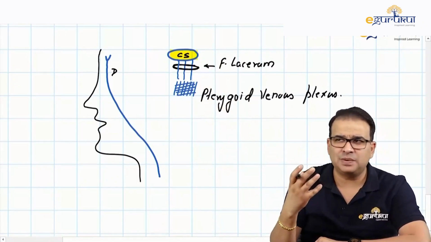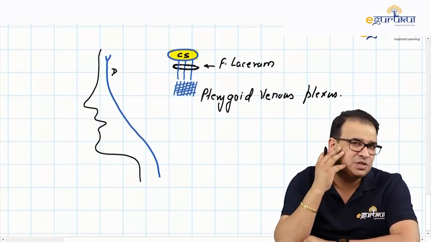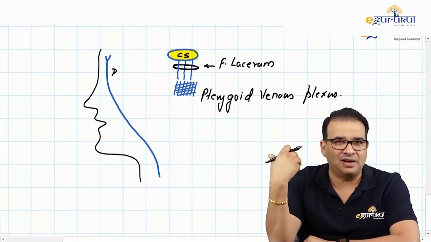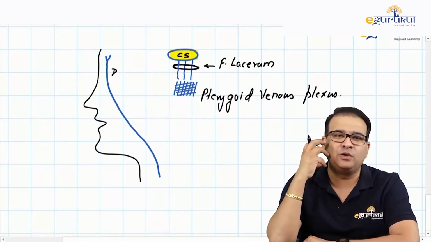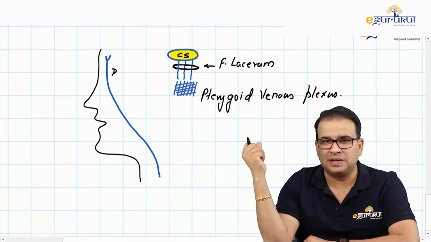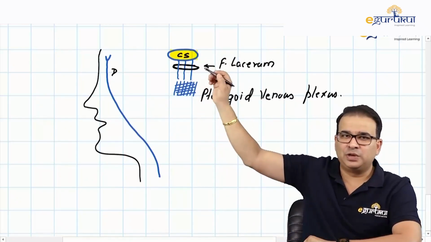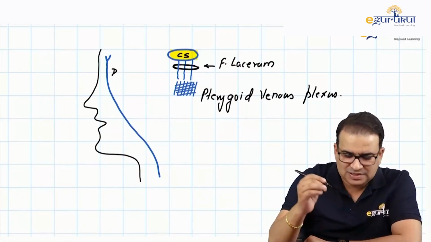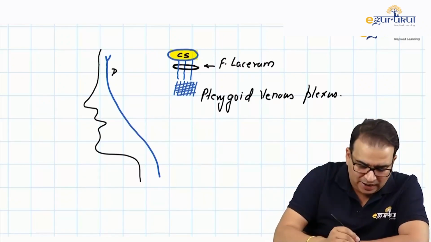What is the pterygoid venous plexus? It is the venous plexus present between the pterygoid muscles. In the infratemporal fossa, we have the lateral pterygoid and medial pterygoid muscles, and in between them we have that venous plexus, which has this emissary vein connection to the cavernous sinus. The cavernous sinus is connected to the angular and facial veins outside.